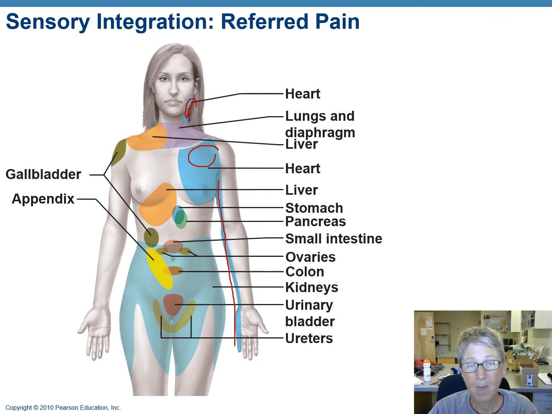If you're having pain in the lungs or the diaphragm, that can be referred to the left and partially the right area of your cervical area. And then the gallbladder. If you're having gallbladder pain, it's kind of the area of your gallbladder, but that pain can also be referred to your right shoulder.